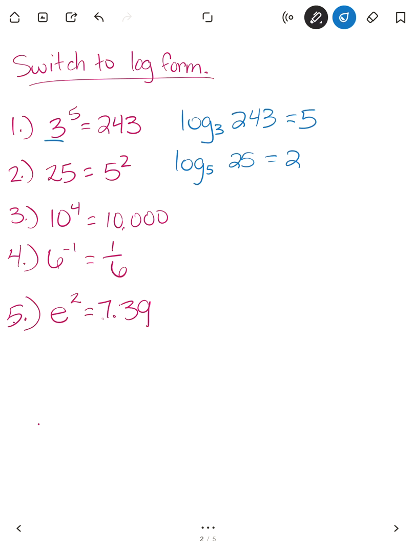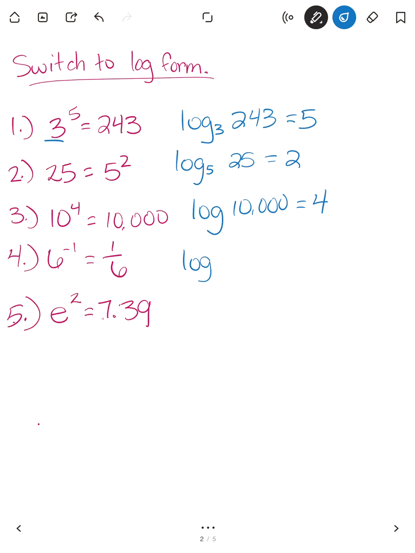This one, we have 10 to the 4th equals 10,000. We just write log. It's base 10, so you do not have to write the base. Of 10,000 equals the power. Again, you do not have to write the base when it's base 10. Number 4, 6 to the negative first power equals 1/6.